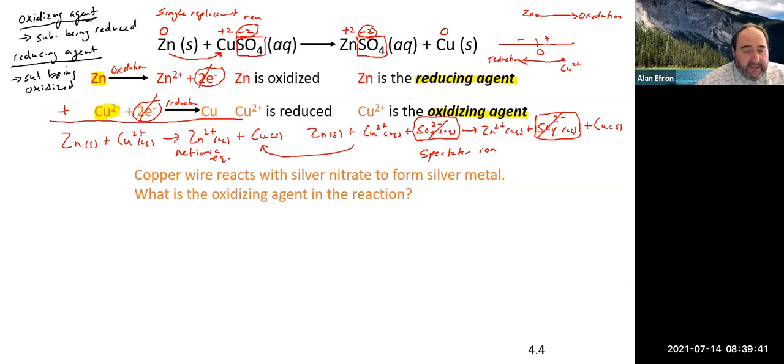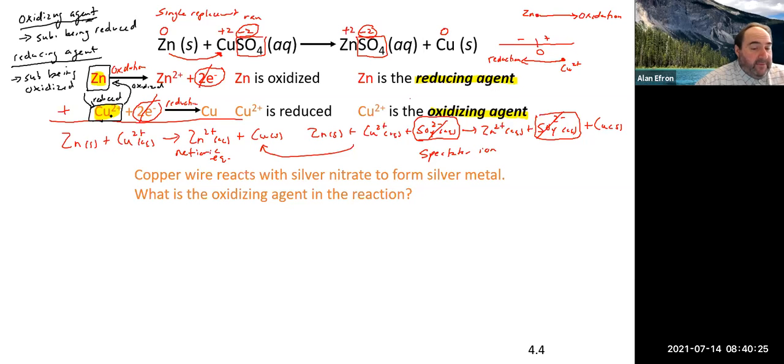So again, if we look at this, our zinc is going through oxidation. It is losing electrons, which means it's going to cause this guy to be reduced. So it's causing the reduction in the copper 2. So zinc is known as the reducing agent, but zinc is actually the one going through oxidation. And vice versa, copper 2 here is the guy being reduced, which means it's going to gain electrons, which means it's going to cause the zinc to be oxidized.